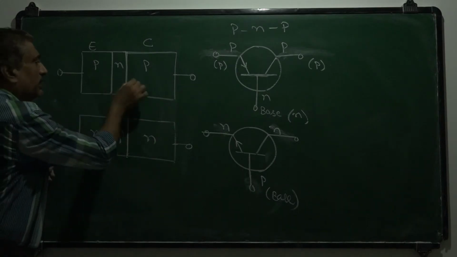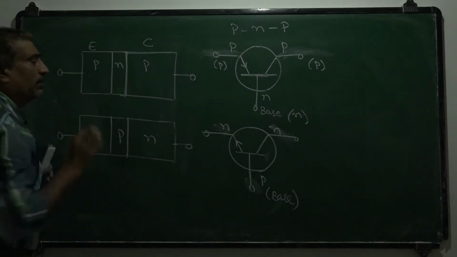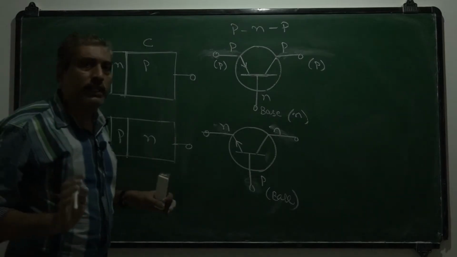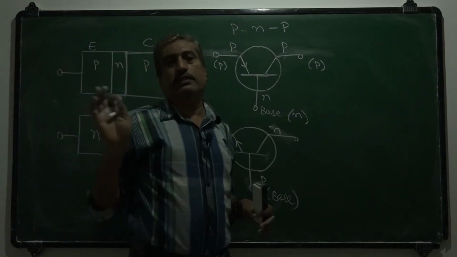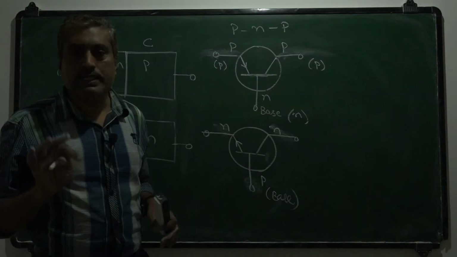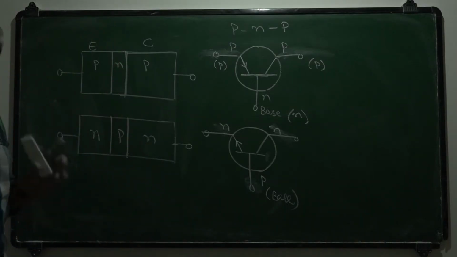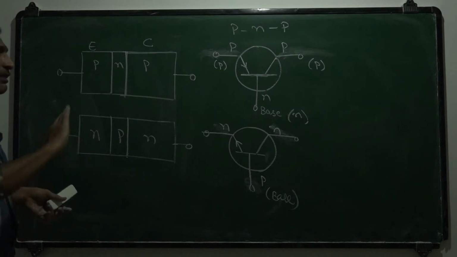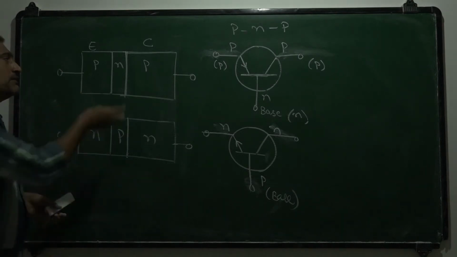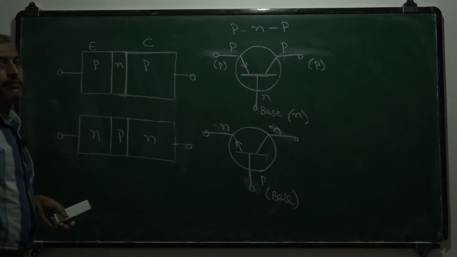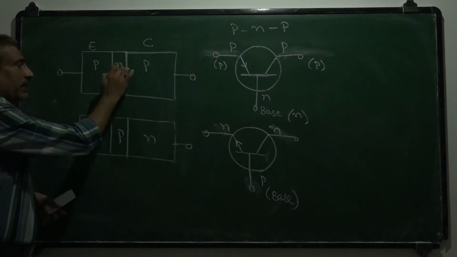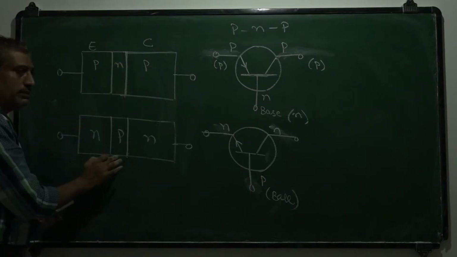The basic parts of a transistor are emitter, base, collector. Emitter and collector are of the same type of semiconductor, whereas base is a different type. In this one N is base, in this one P is base.